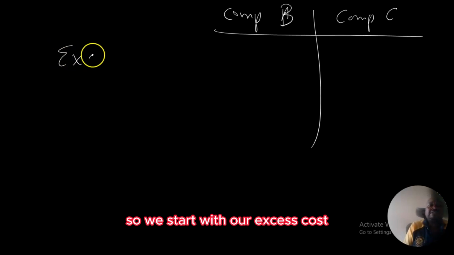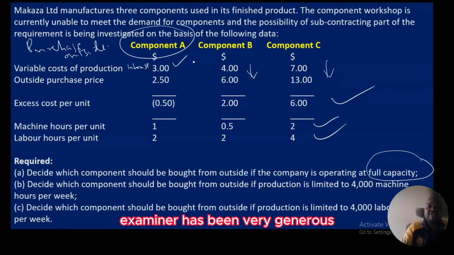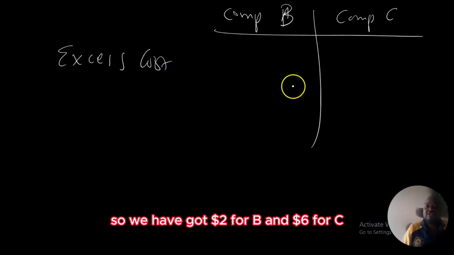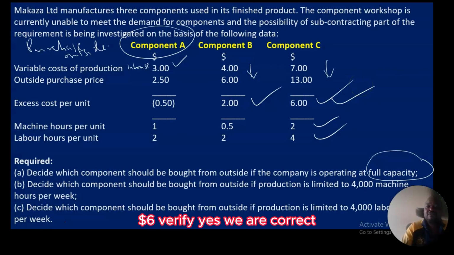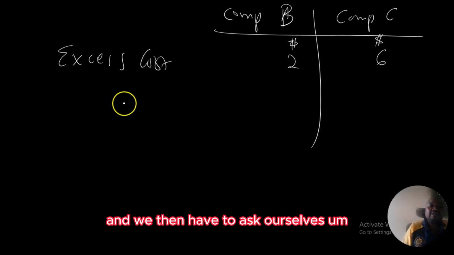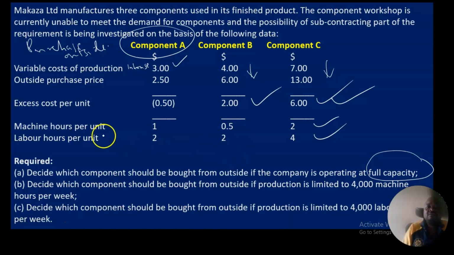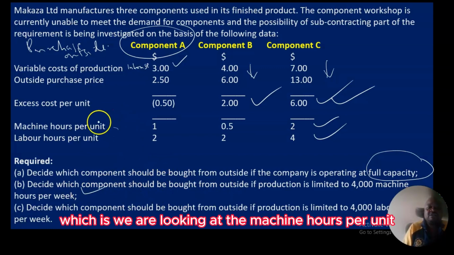So we start with our excess cost as given in the question by the examiner. The examiner has been very generous. So we have got $2 for B and $6 for C. We verify, yes, we are correct. And we then have to ask ourselves, I'm going to do part B, which is where we are looking at the machine hours per unit.